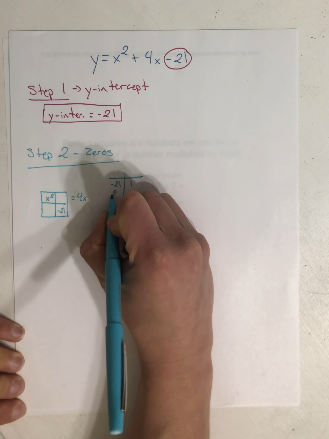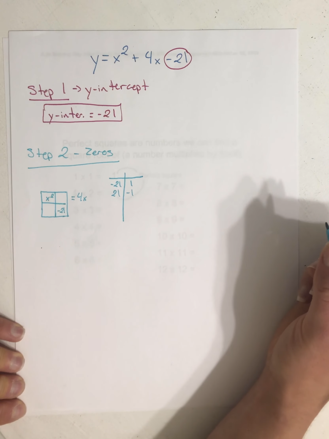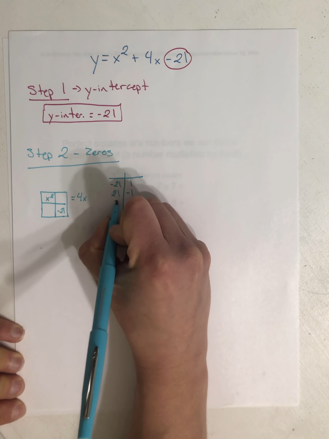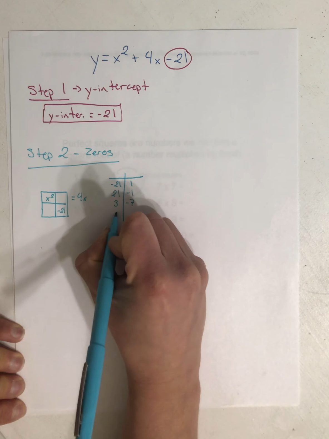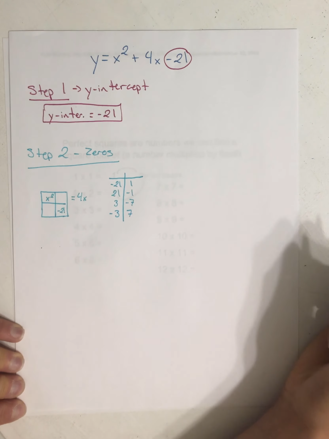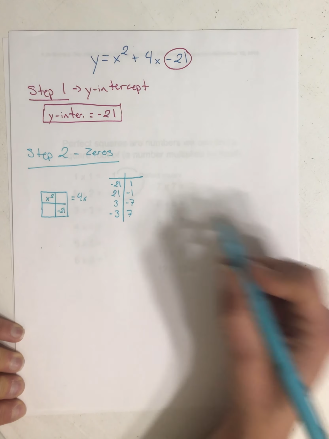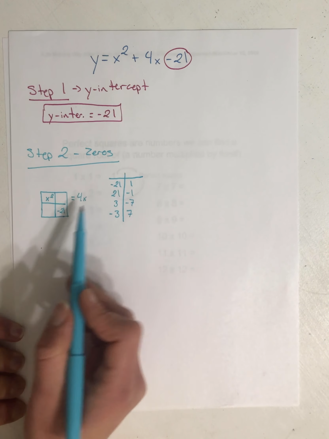And then 21 times -1 is also going to give us -21. And if we take a look at 3 and -7, that will give us -21. And -3 and 7 will also give us -21. So then we're going to add them together to see if any of these equal 4.